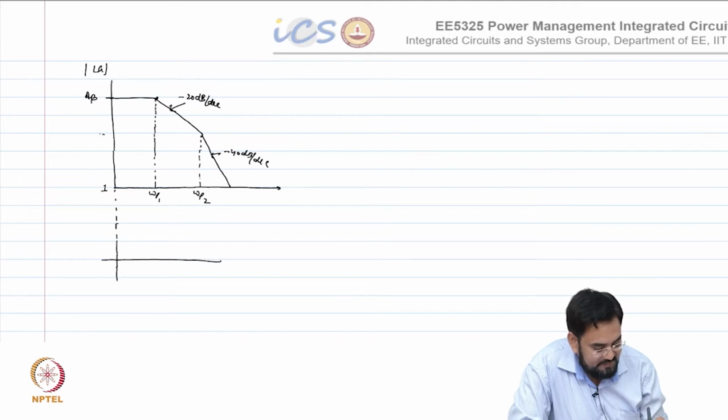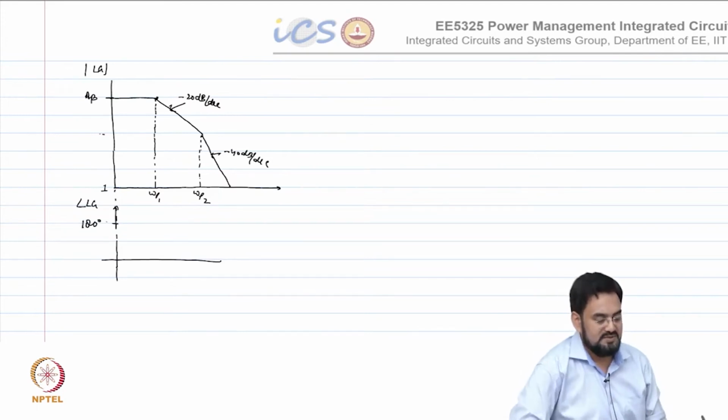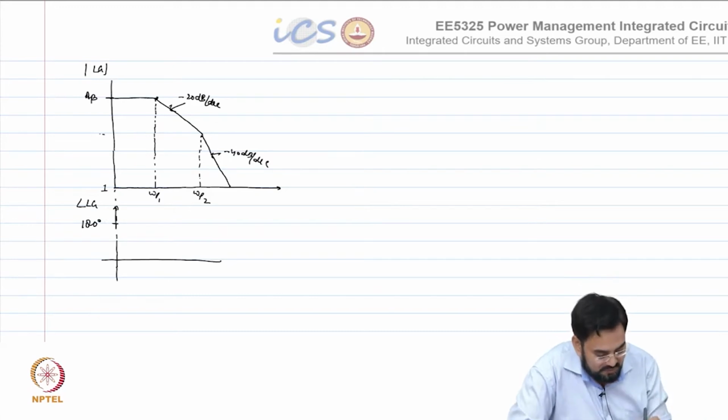So again starting from 180 degree, it's a negative feedback. So what will be the phase here?